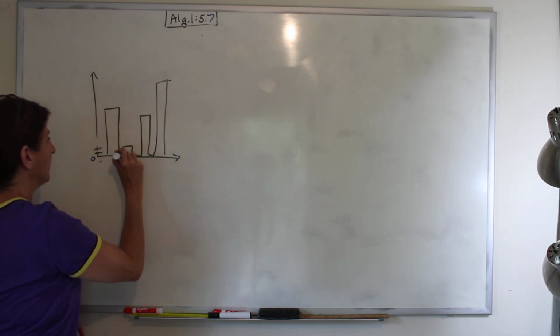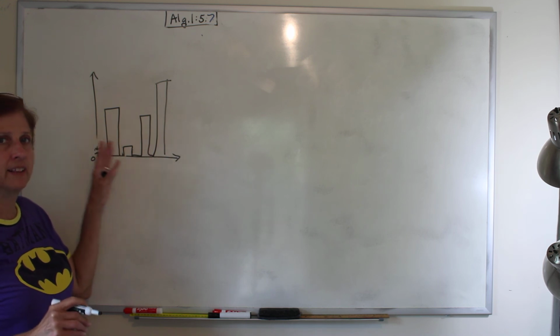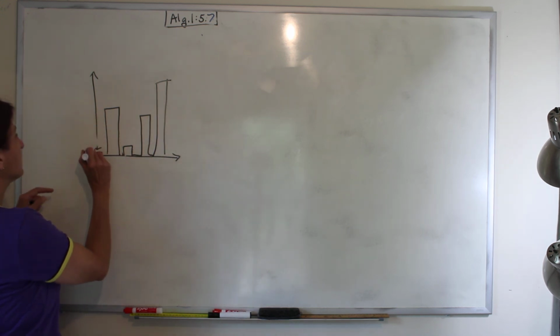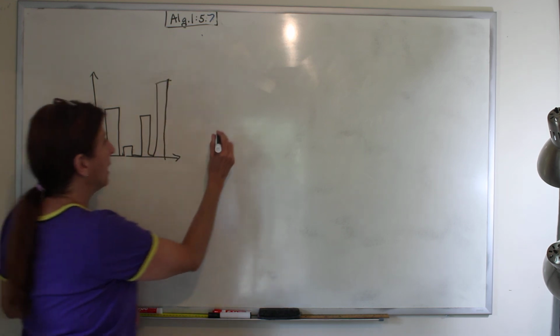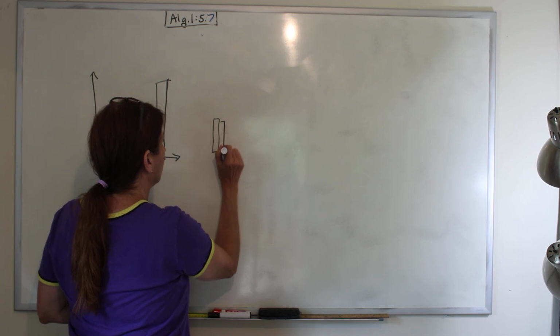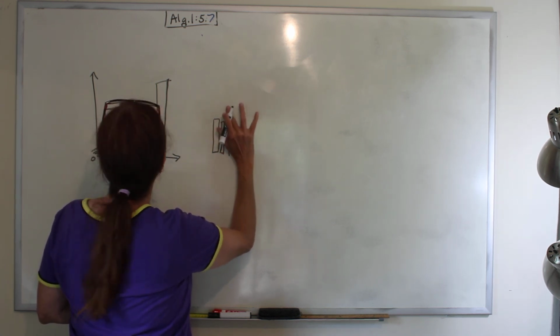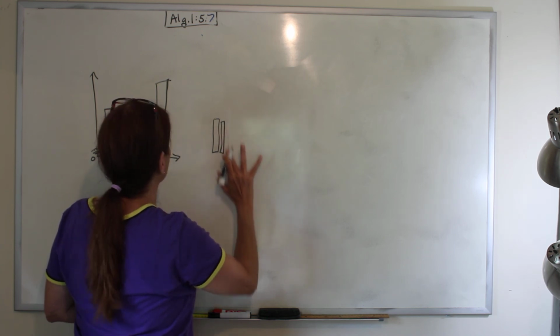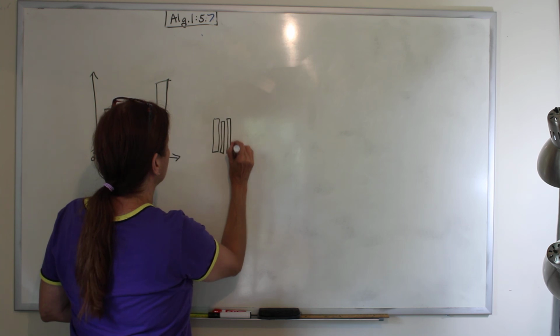Let's make that one even less. Okay, so it looks like there's a huge difference in these. But there's this break here. So what you're seeing in reality might be this. I didn't do them right. This one should be a little bit bigger. And then that one should be quite a bit bigger.